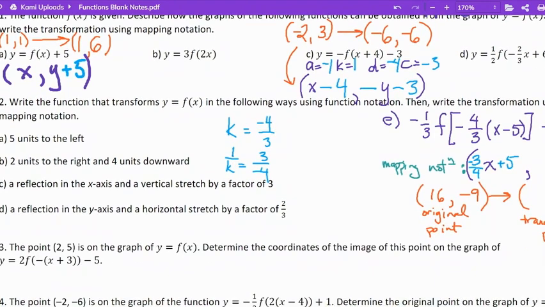You either write 1/k, but if it's a fraction, you have to write the reciprocal of the fraction. Is it 1/k? No. 1/k is the same thing as 3/-4. Like, this is a reciprocal.